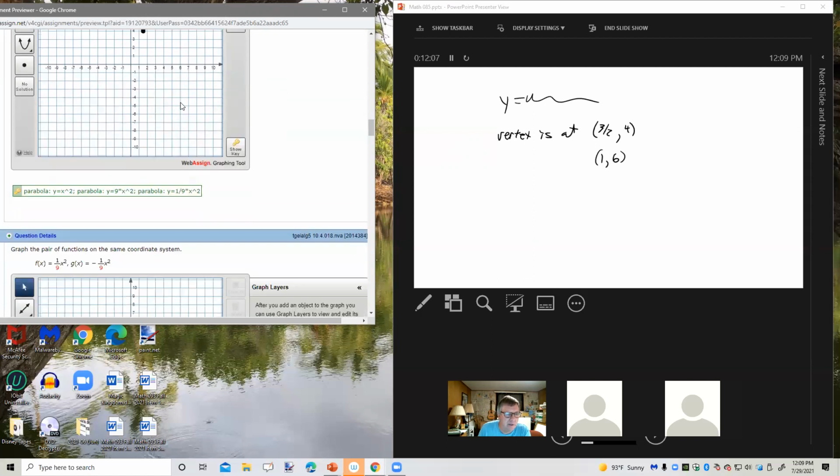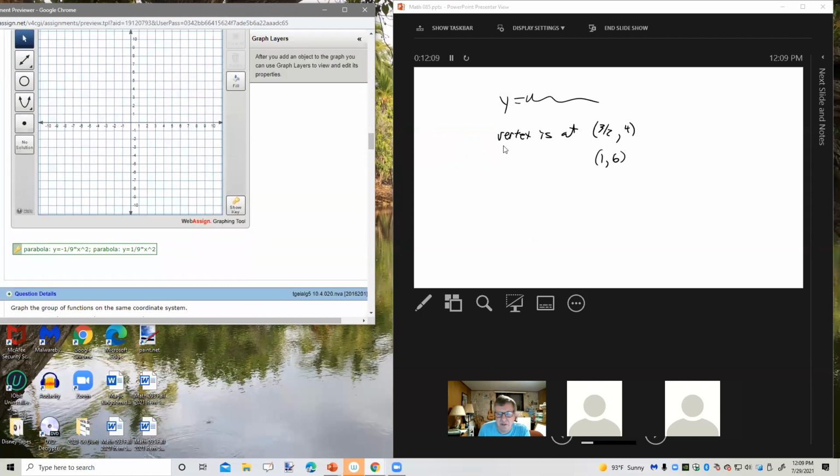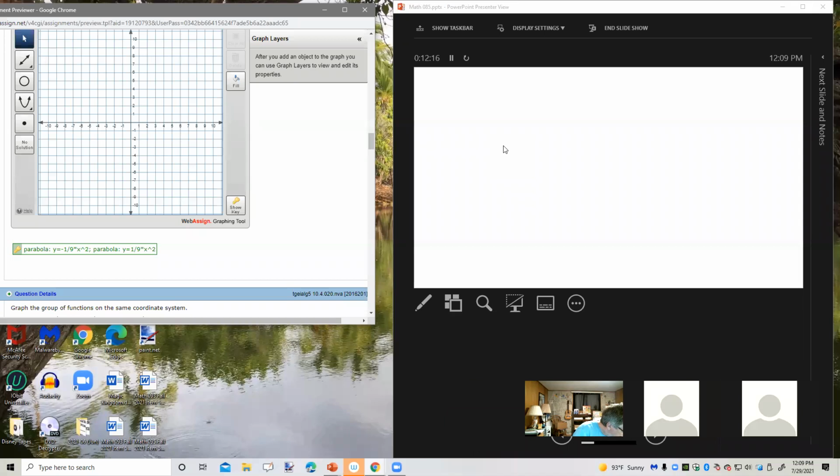Let's take a look at another one. Let's say we've got functions. How about this one? F of x equals -2 times x minus 2 squared minus 4.